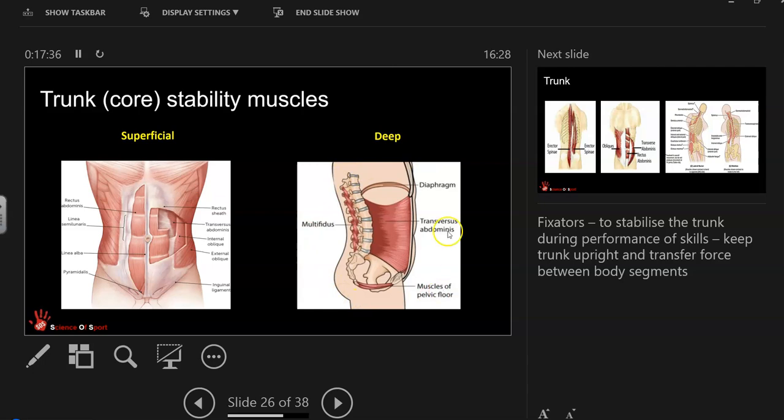Now, if we've got a weak core, we lose a lot of the force that we've generated at this point. It doesn't get to the arm. In tennis, in serving, we generate the force initially from the drive from our legs, it's transmitted through our core and goes on up. So the core really is multifunctional. It's protective, and it's also really important in transferring force through our body from our big powerful legs to our other limbs, upper body.